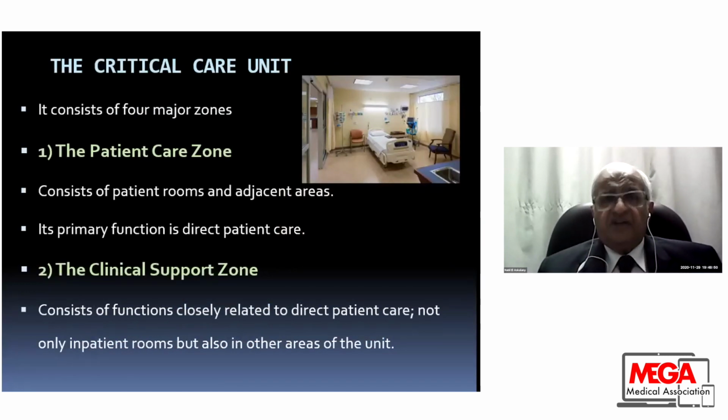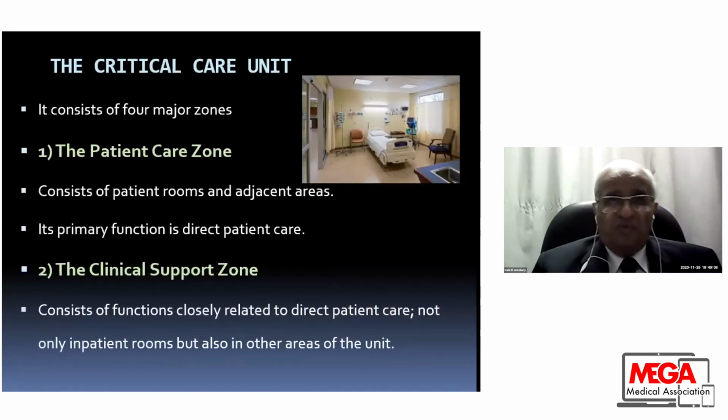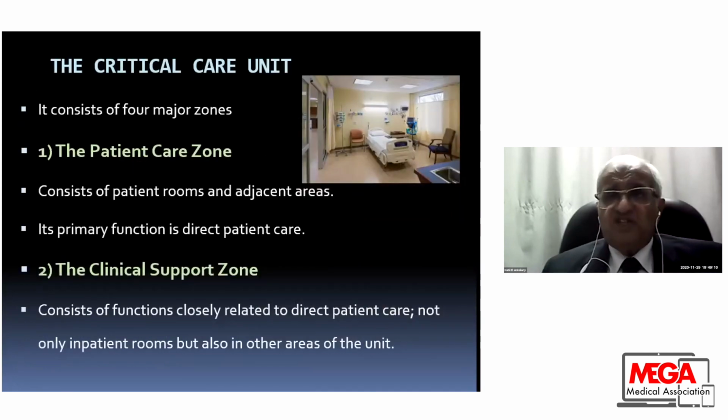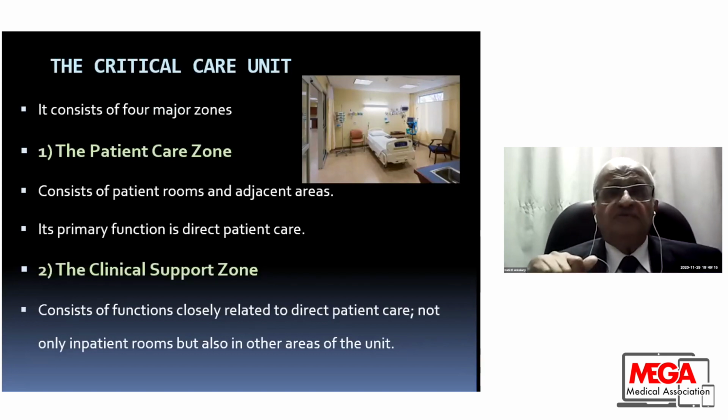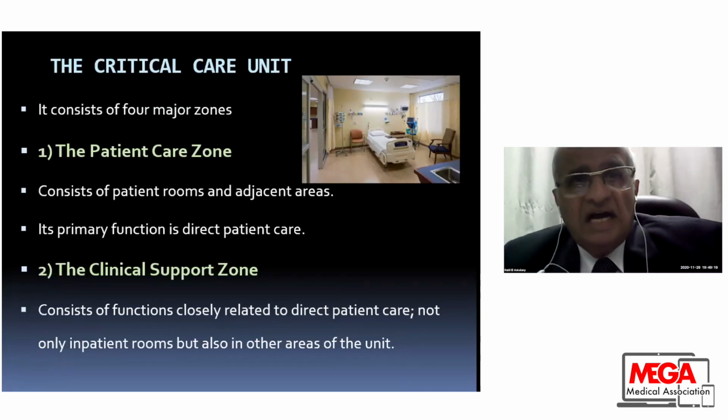The critical care unit consists of 4 major zones: the patient care zone, the clinical support zone, the unit support zone, and finally the family support zone. So the family participates now, as I said before. As regards the patient care zone, the patient care zone consists of patient rooms and adjacent areas.